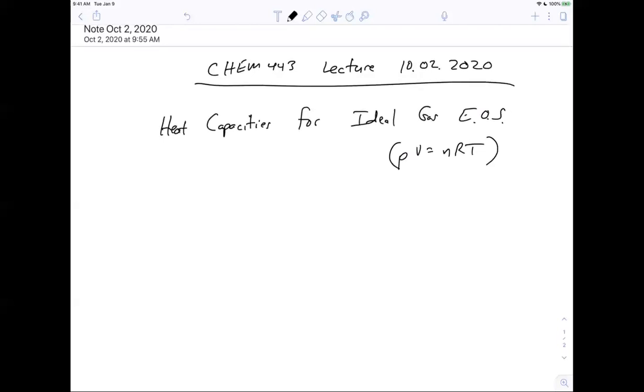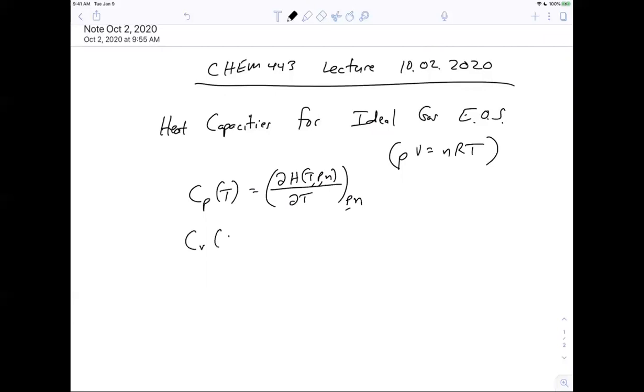And we have seen that Cp of T in general is the partial of H, which we can choose to write this way. So the constant pressure heat capacity is this partial derivative of the enthalpy with respect to temperature at constant pressure. And N is constant for our purposes.